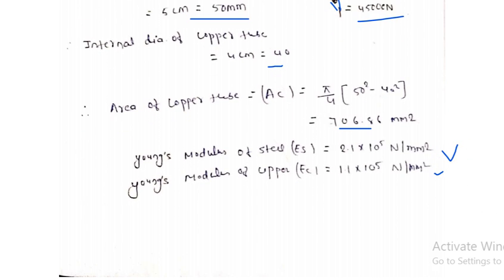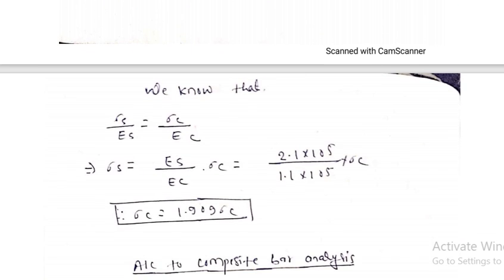The Young's modulus of the different materials is given. As you know, the strain in each section is equal. So sigma s by Es is equal to sigma c by Ec. Here sigma c is the stress induced in copper, and Ec is the Young's modulus of copper. I have told you that you can take it in the form of Es or Ec, it depends on you. I will take it in the form of Es.